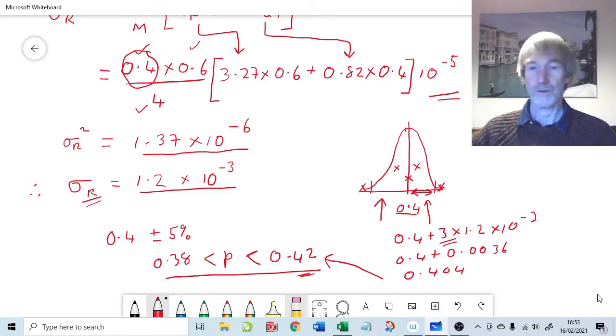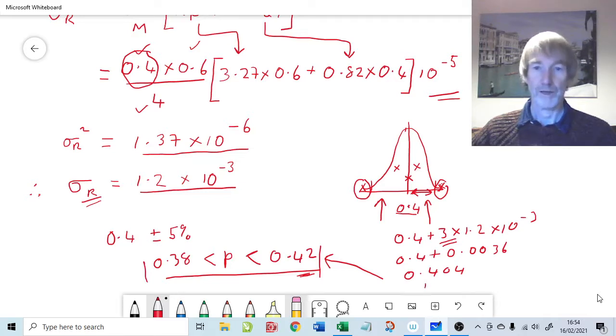So in other words, this distribution is quite a tight distribution. It's going to go from 0.396 to 0.404, with just 1 in 1,000 higher than that value and 1 in 1,000 lower than the value. But even the 1 in 1,000 is well below our specification. So our confidence of meeting this specification is really good.